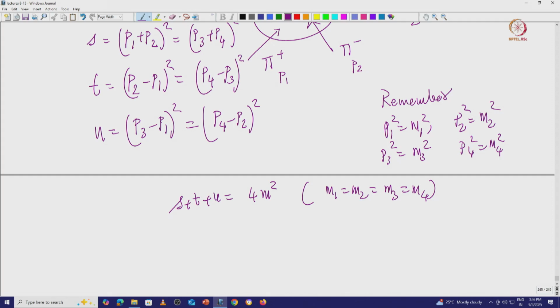In the limit where M1, M2, M3 and M4 are the same, you end up having this relation, S plus T plus U is equal to 4m square.